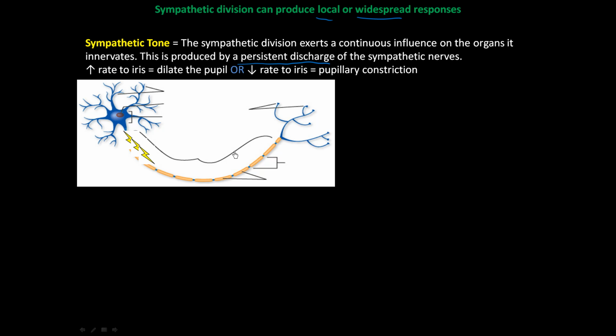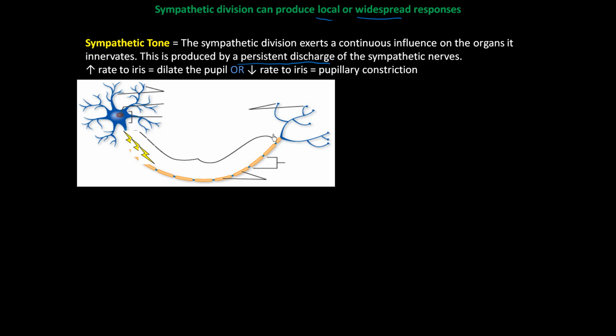So I made a little cartoon here. This is kind of persistent. This happens all the time under normal physiological circumstances. This preganglionic nerve is stimulating the postganglionic nerve, and the postganglionic nerve is constantly stimulating the organ or cells that it's responsible for.